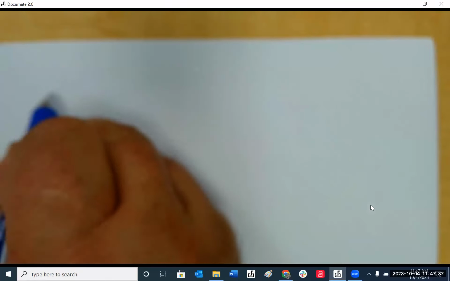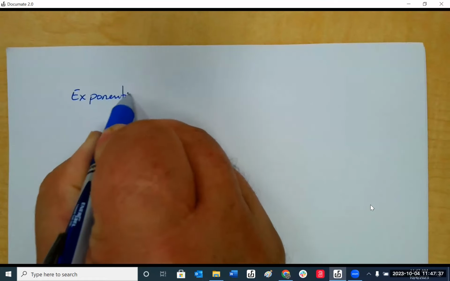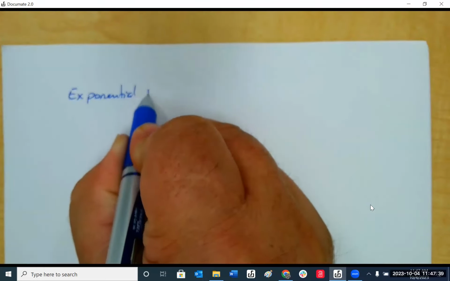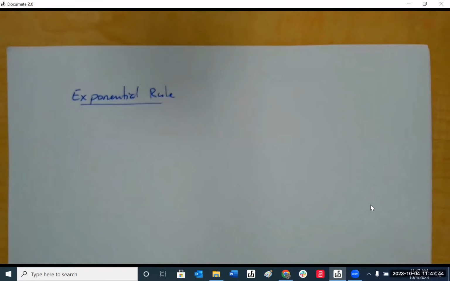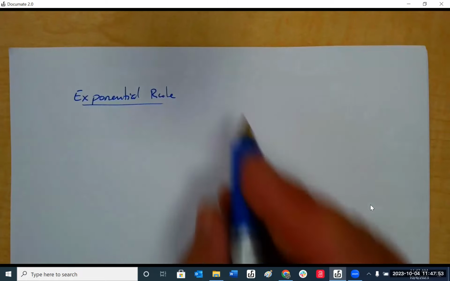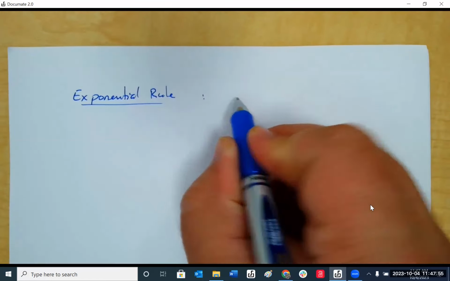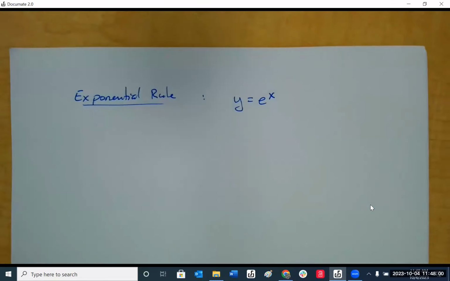Okay, another one, with respect to the power rule. Here I'm talking about the natural log, e to the x.